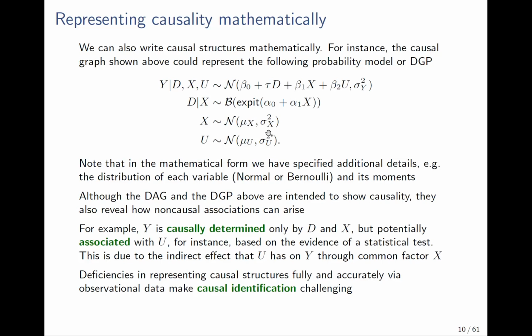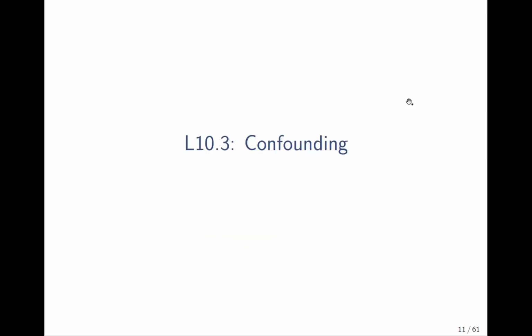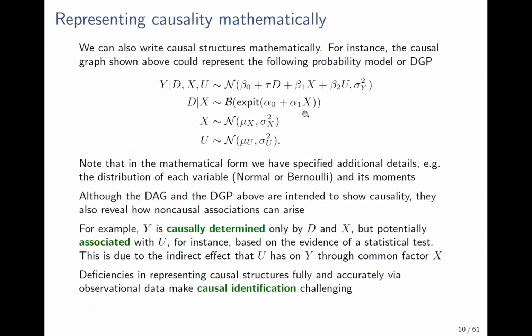X is normally distributed, mean mu x, variance sigma squared x, and u is normally distributed, mean mu u, variance sigma squared u. So that is this DAG written in mathematical probabilistic notation, and we're going to use both in the lecture.